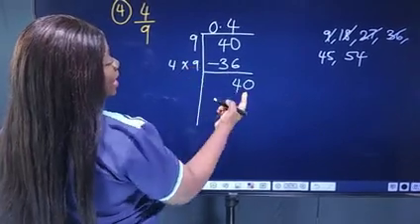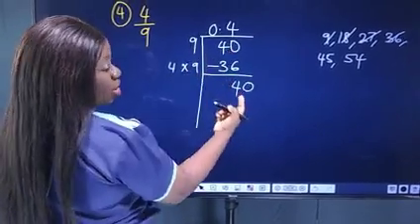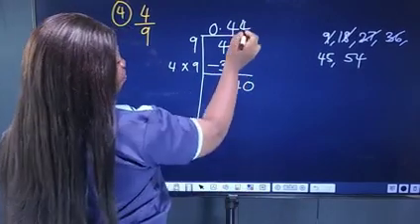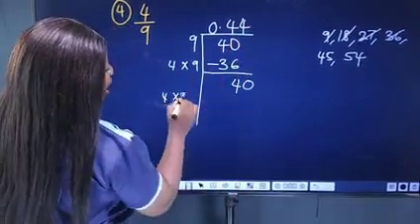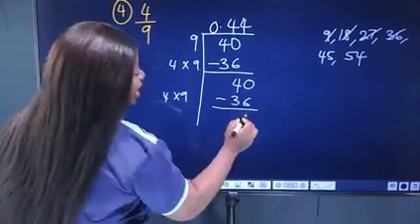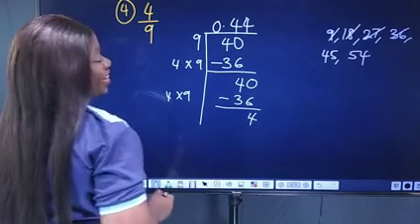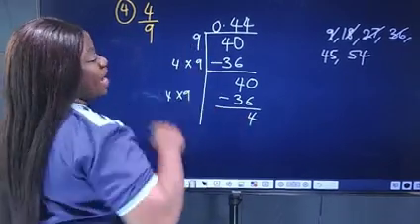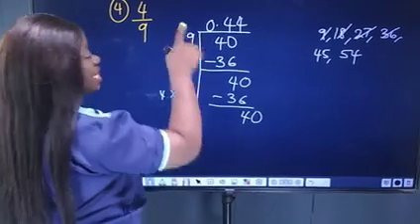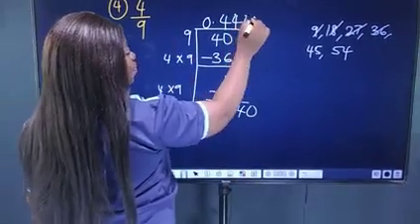40 divided by 9, you can see we started with 40. It's coming back again. 40 divided by 9 again is 4. Then 4 times 9 is 36. 40 minus 36 is 4. Add 0. 40 divided by 9 is 4.